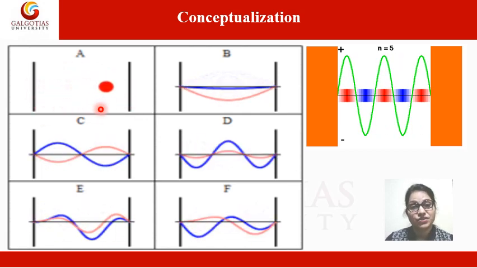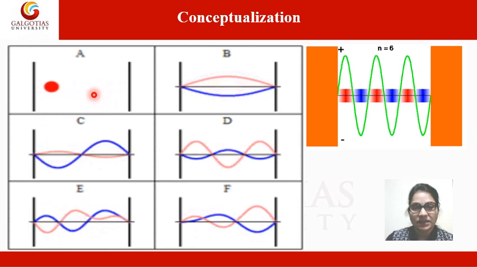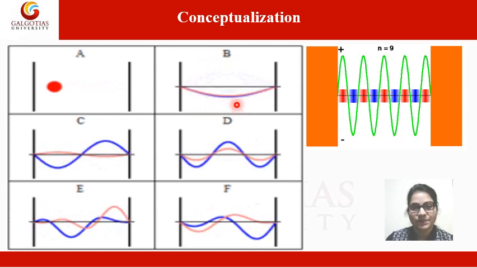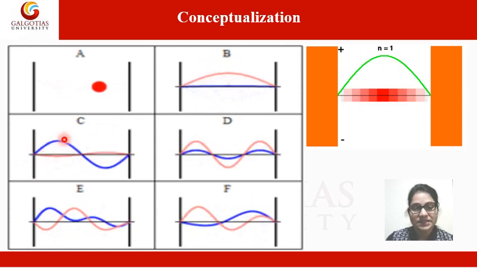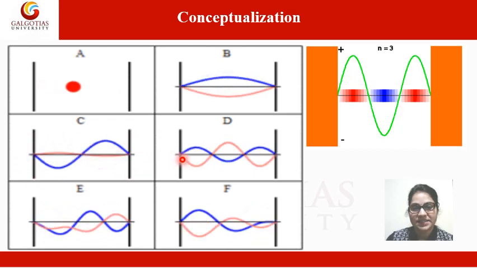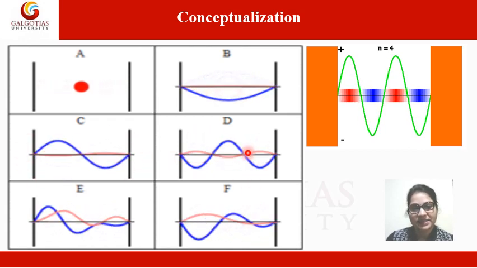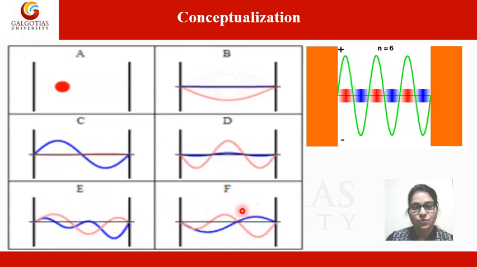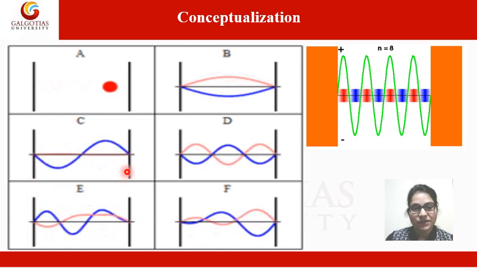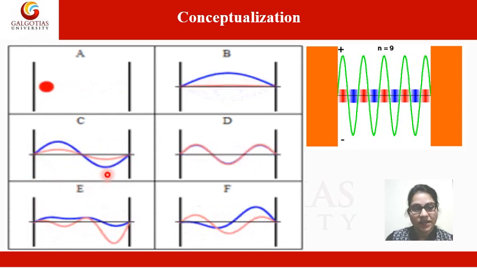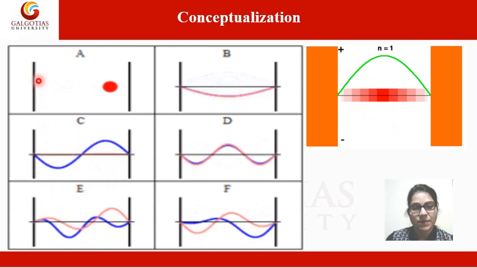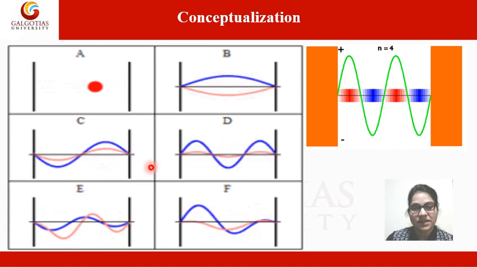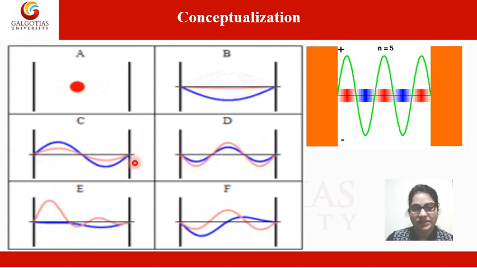Figure B is the representation of the ground state wave function. Figure C is the first excited state, D is the second excited state, E is the third excited state, and F is the fourth excited state, and so on. The wave function only exists in this region because the particle is confined here, and before and after this region the wave function vanishes.